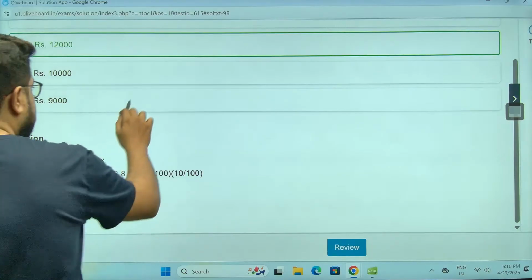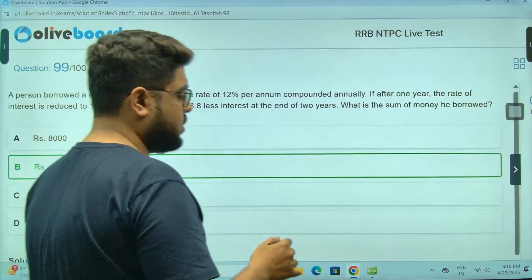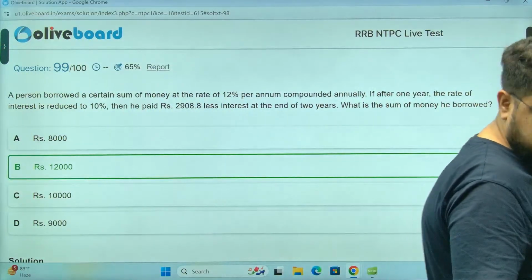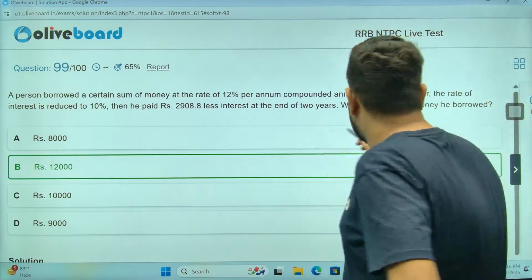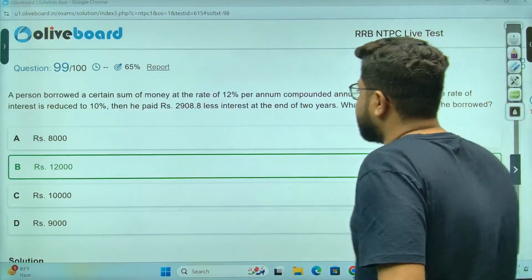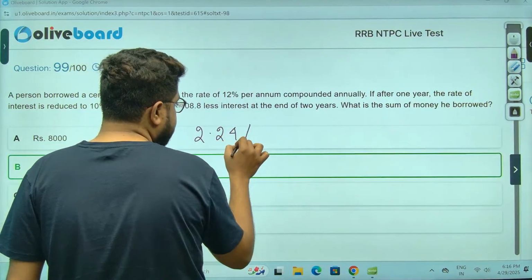अरे नहीं, ऐसे नहीं हो सकता. क्या बोल रहा है? I do not think so. There is some problem. If the interest rate reduced, so we are having the difference of interest as 2.24%.